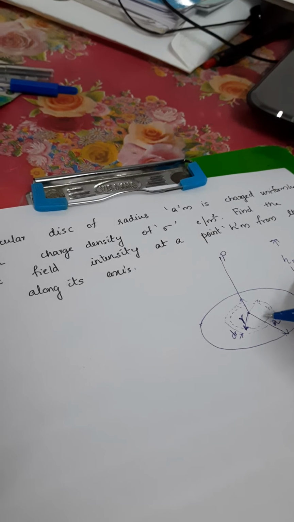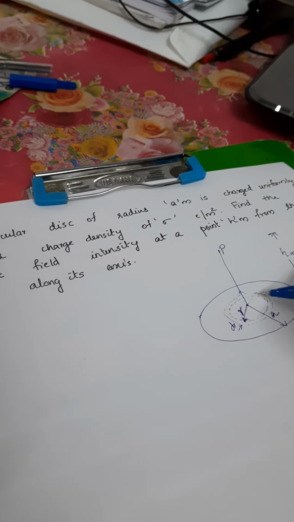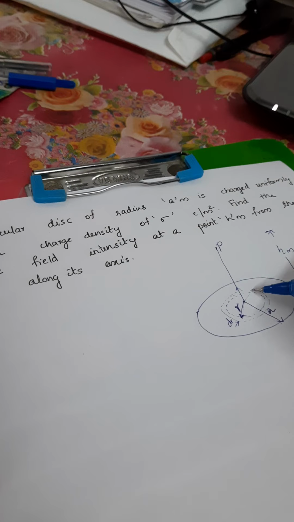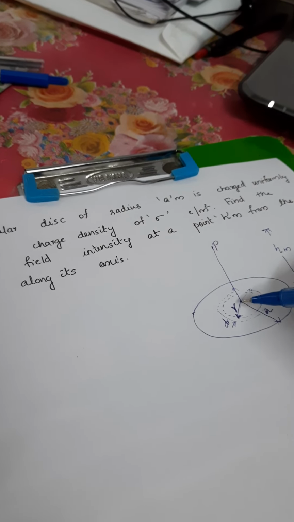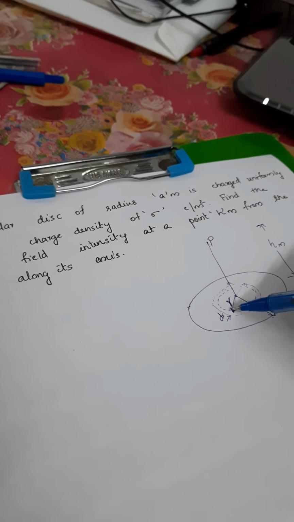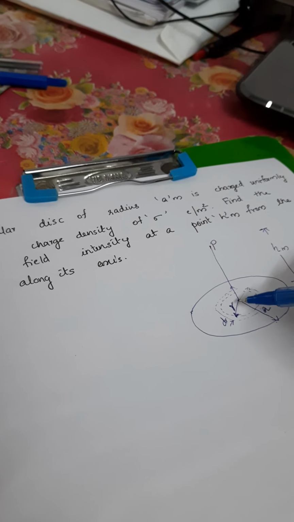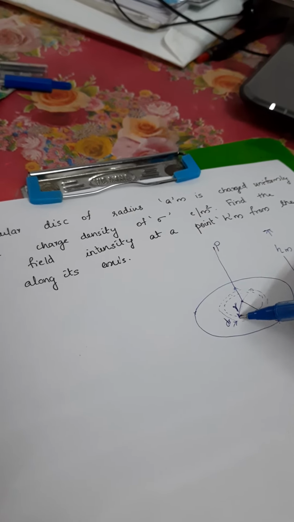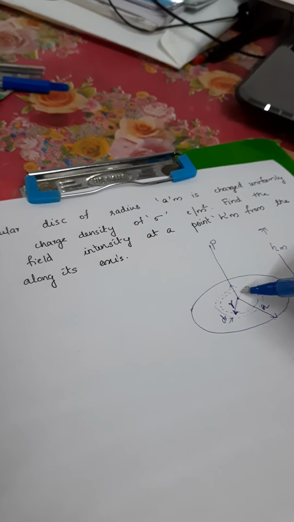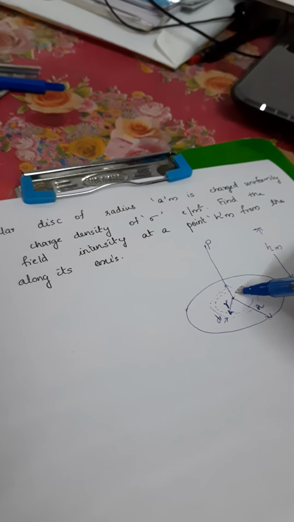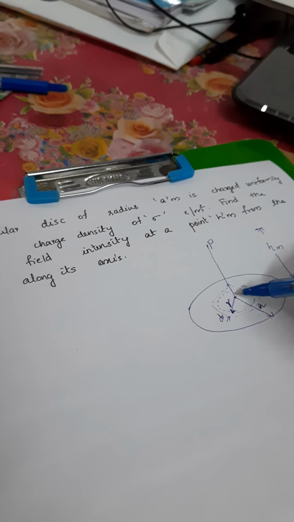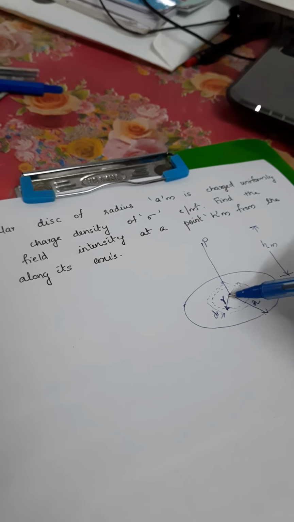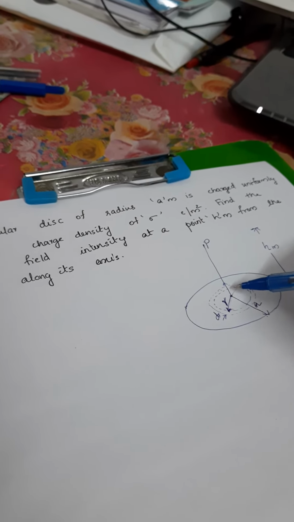So if we consider the whole radius, the horizontal components of the electric field intensity will cancel. At this point the horizontal component will be in the just opposite direction, so this intensity and this intensity cancel.